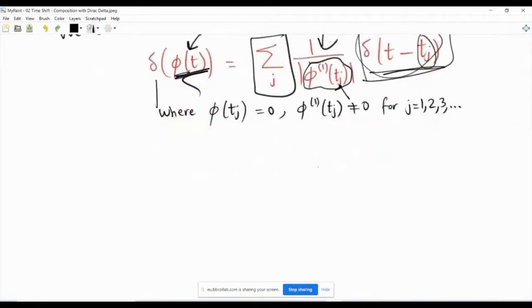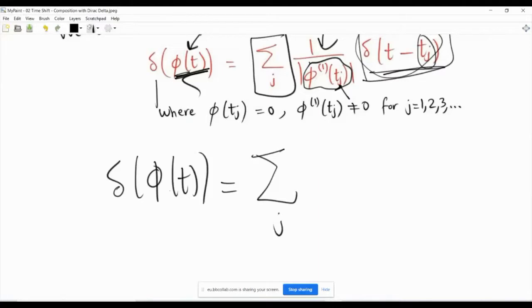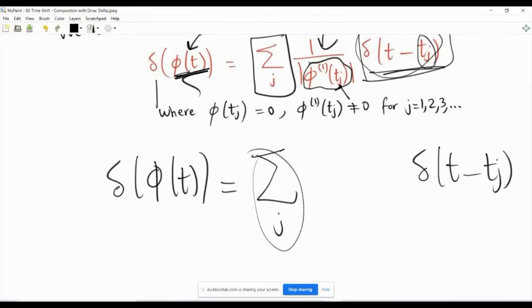This is how we will define the composition with a Dirac delta. Let me write it again. It is a nice expression. So delta of phi of t, where phi obeys some conditions, is the sum of delta of t minus tj, each scaled by 1 over the absolute value of phi prime of tj. And what is tj? Those are the values that make phi of t equal to 0. So we have a bunch of Dirac deltas.